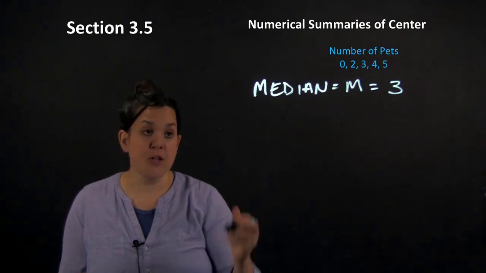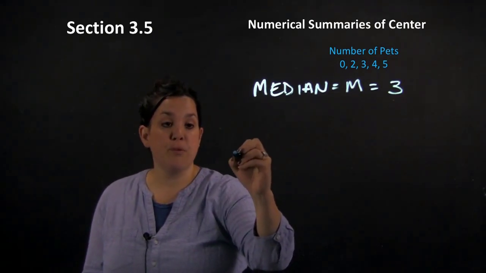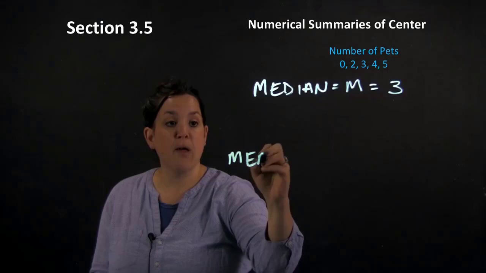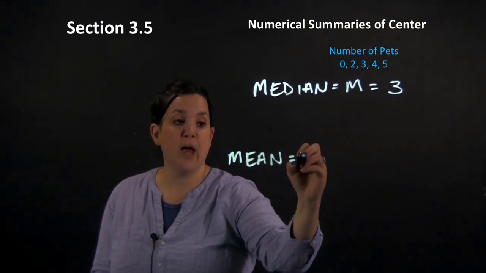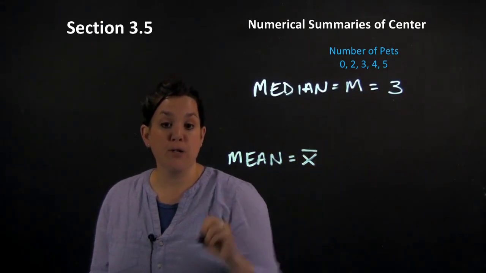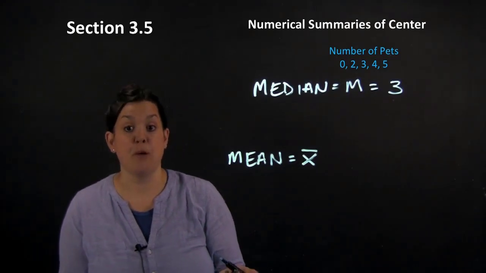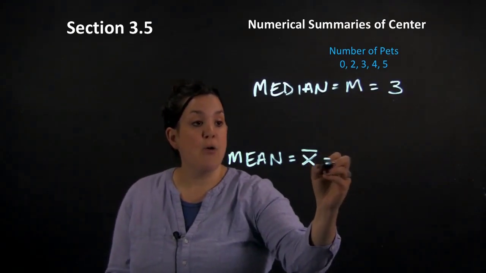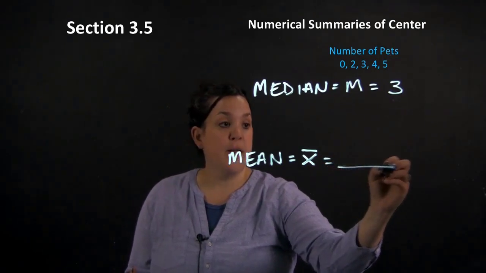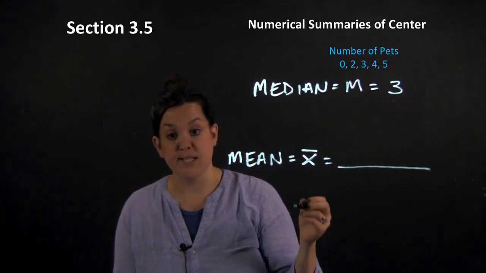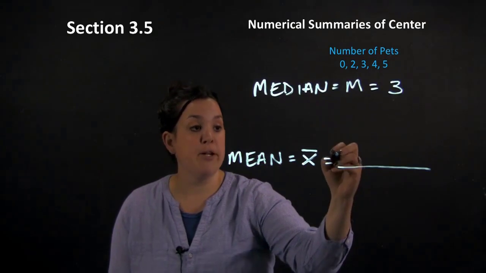The next measure of center is the mean. The mean is the arithmetic average of a data set. We use x bar to represent the sample mean, so it's the symbol used to represent the sample mean. You've all probably calculated an average before, so the mean is a statistical way of describing average.